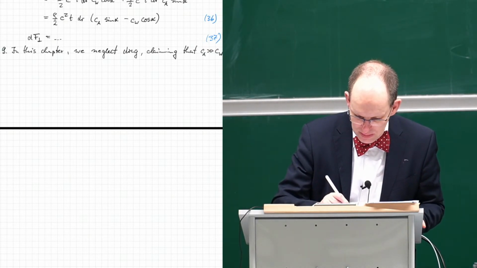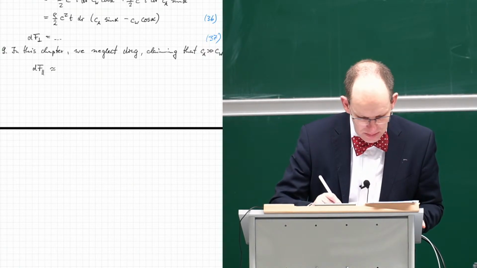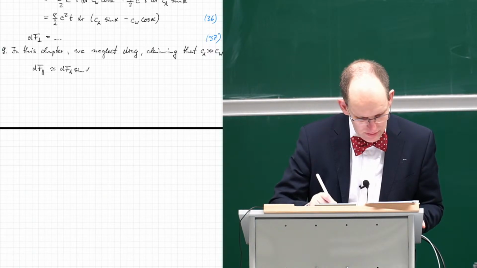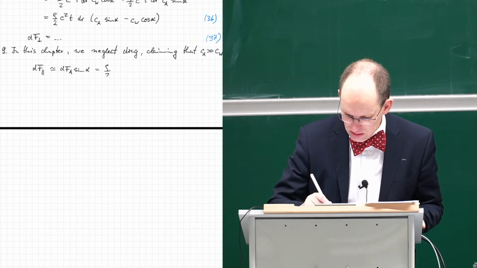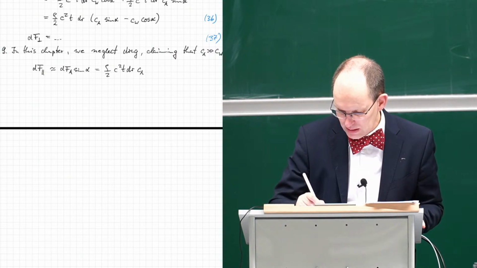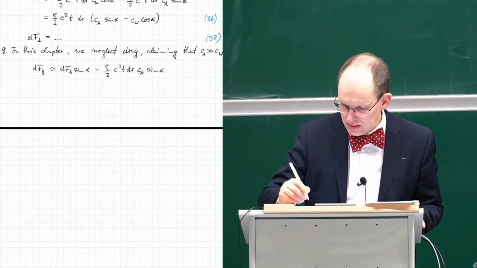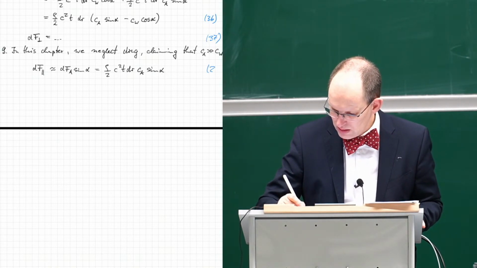This means, of course, immediately that dF parallel is approximately dFA times the sine of alpha, and this is rho over 2 times c squared t times dr times CA times sine of alpha. So nothing new, right?